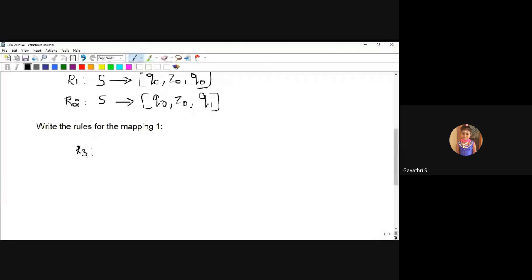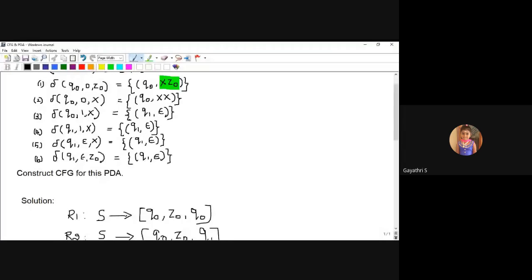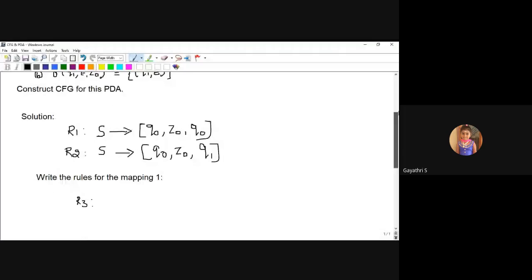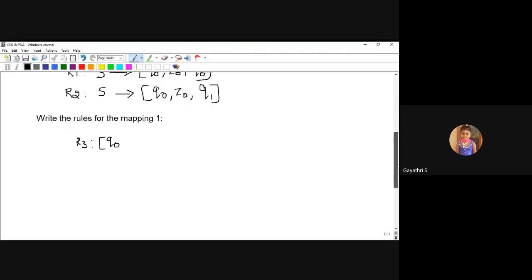See here, the rules start with delta of q naught. So all the rules start with q naught only, then again q naught, because the current state for mapping one is q naught.